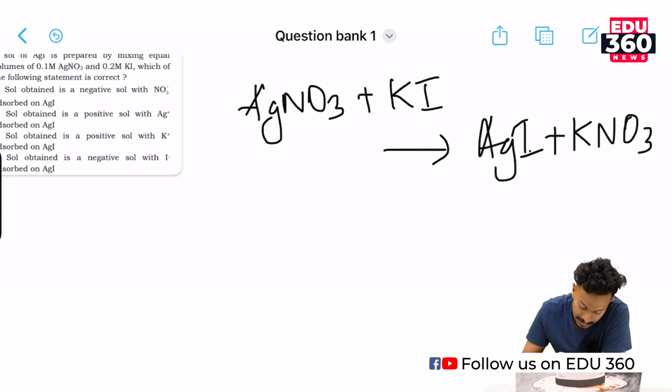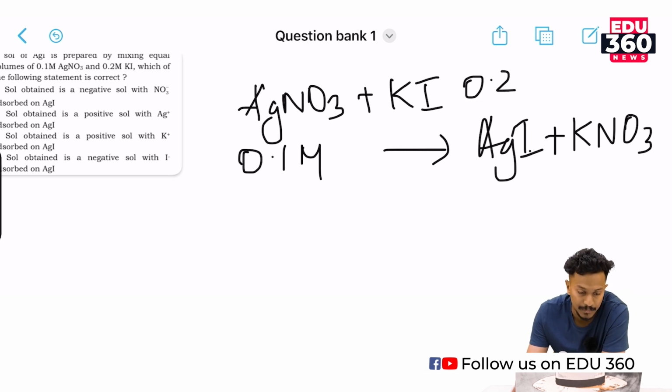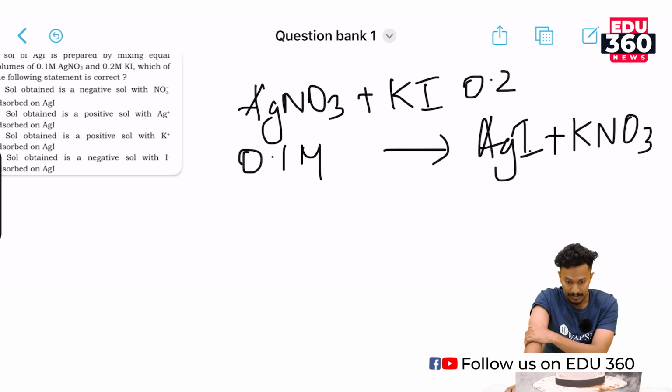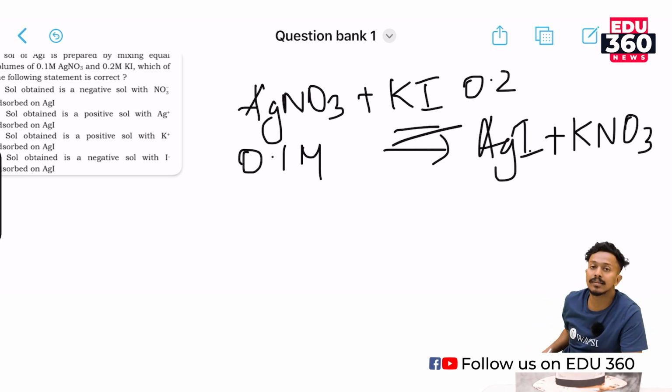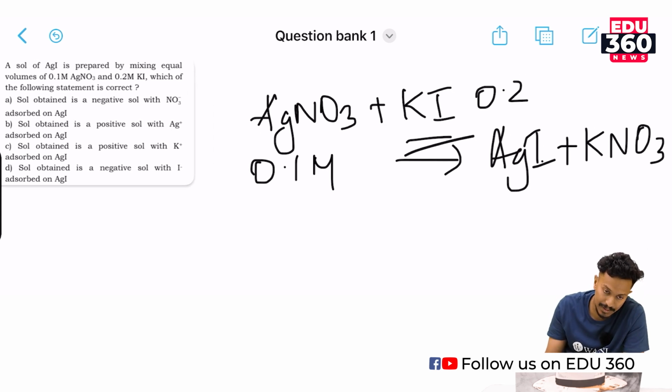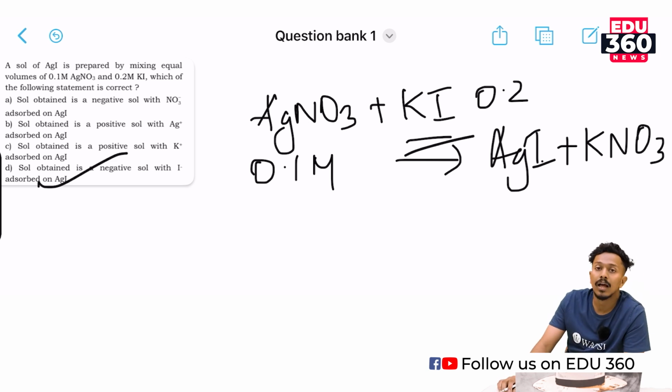The amount of AgNO3 present here is 0.1. What about KI? 0.2 molar, right? So here KI is in excess. So the sol obtained would be a negative sol with I minus adsorbed on the silver iodide, right? This is the excess thing found in here. So the correct option would be option number D. Sol obtained is a negative sol with iodide ion adsorbed on silver iodide.